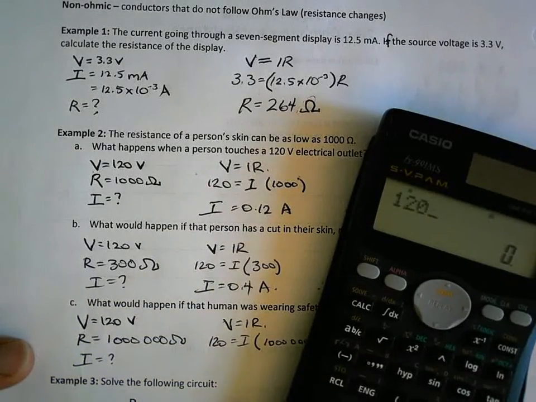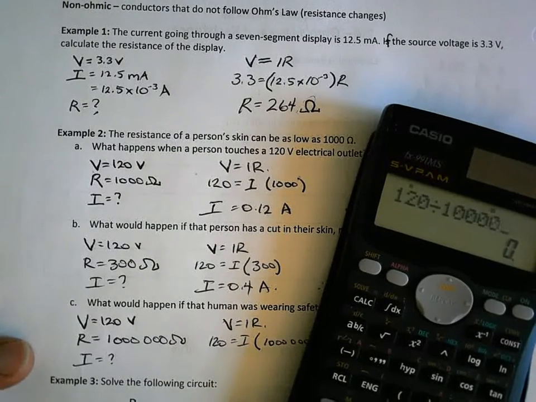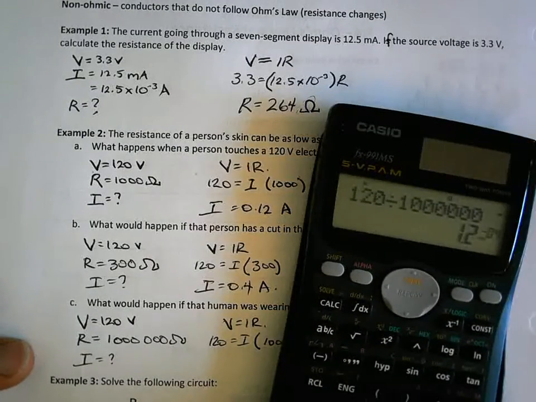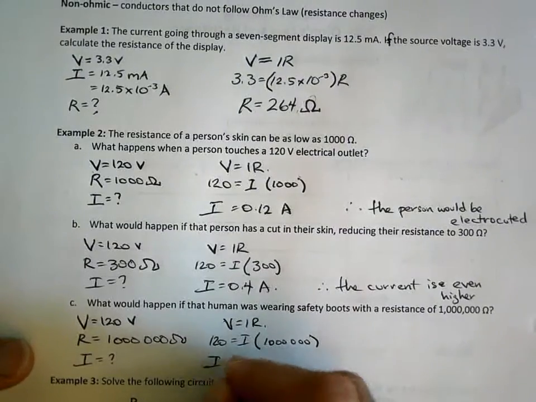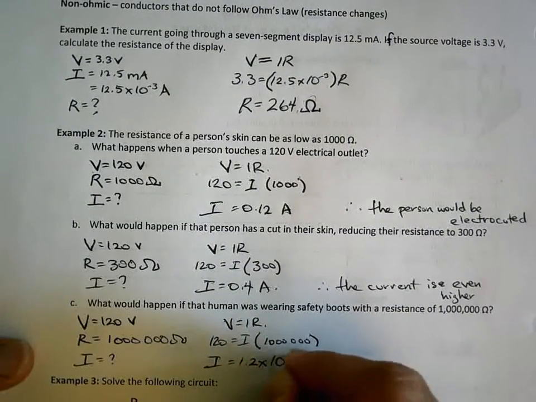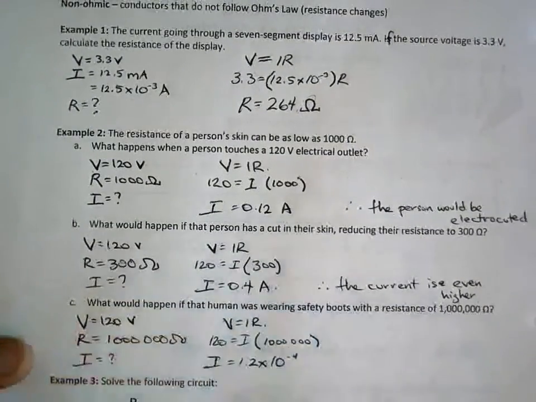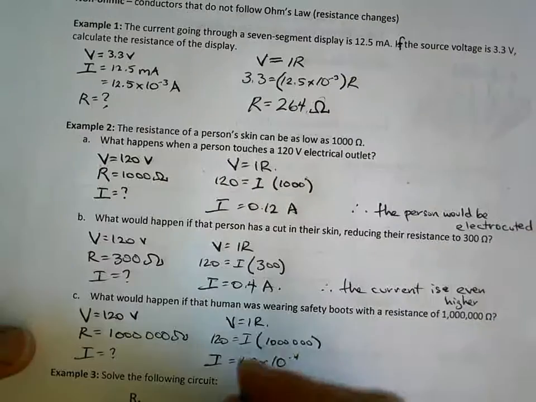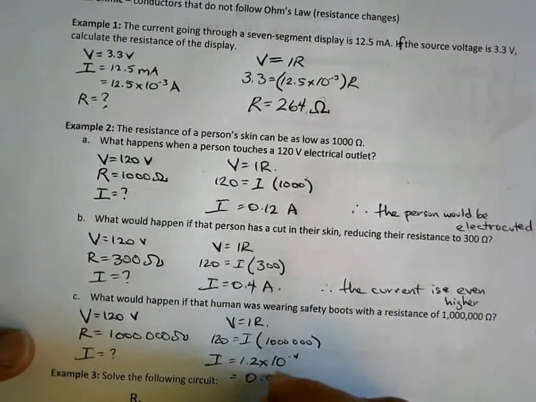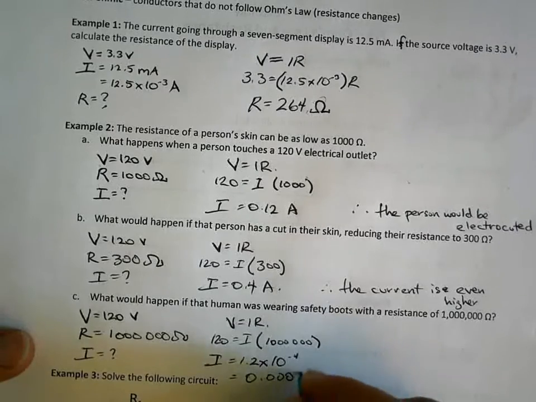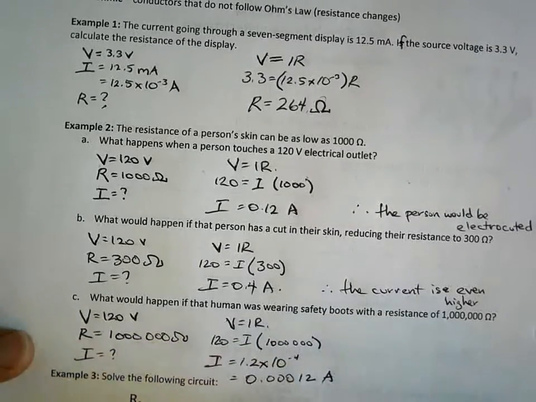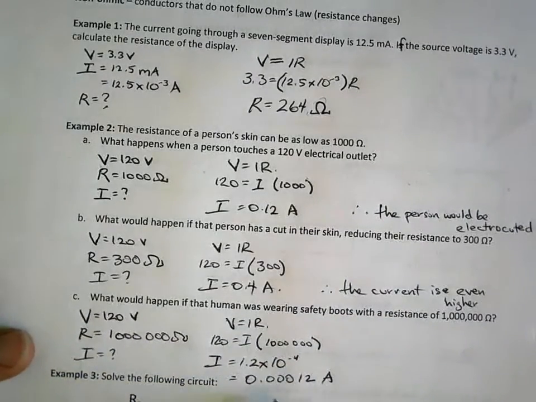So 120 divided by 1 million, and I get 1.2 times 10 to the negative 4. Another way to write that would be 0.00012 amps. So a very small amount of amps.